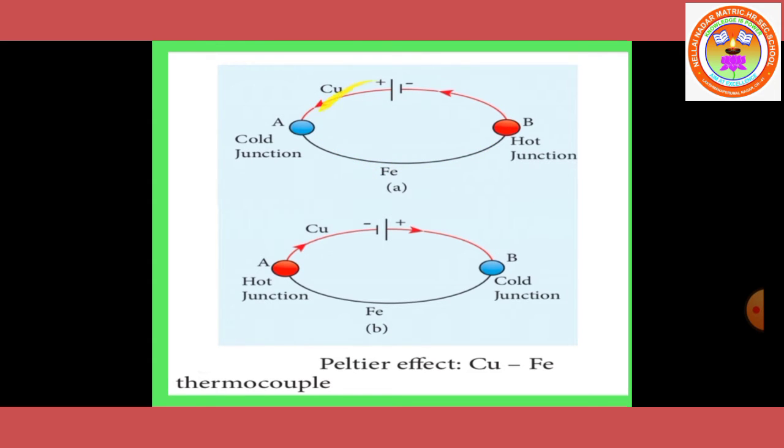When the current flows from copper to iron, junction A becomes a cold junction and junction B becomes a hot junction. In the second diagram, the terminals of the battery are changed and the current flows from iron to copper. Now junction B becomes the cold junction and junction A becomes hot.